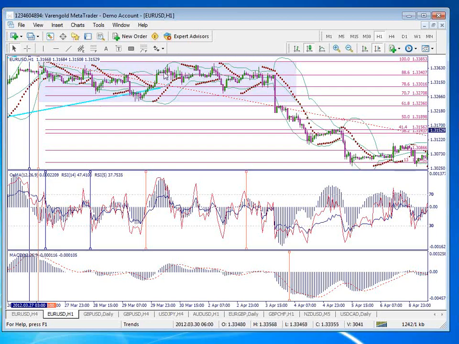I will try to take the swings on a smaller time frame. If it is okay with me, I will go for entries and exits on 1 hour. If the periods on 1 hour are not okay with me, I will go onto the smaller time frames and look for signals.